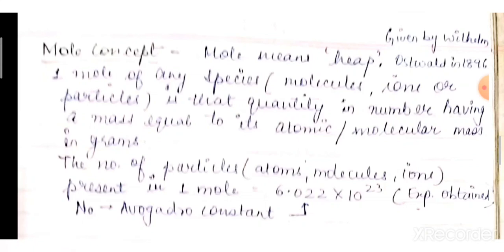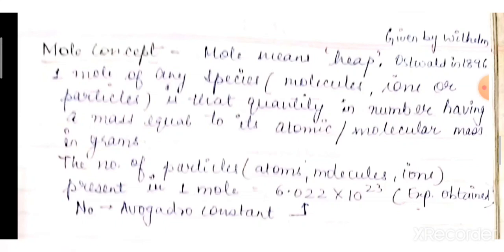If we talk about molar mass, then it is the molecular mass only or the atomic mass, but the unit will be gram per mole. So only the units are changing, but the concept is the same. That means if you are calculating the molar mass of H2O, that will be 18, but the unit will be gram per mole.